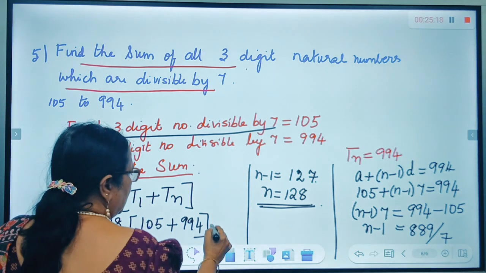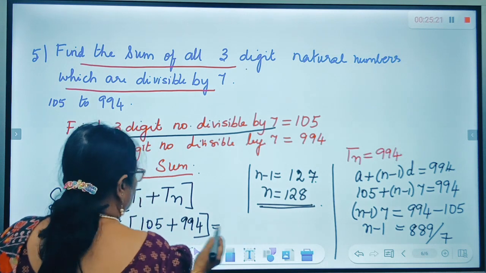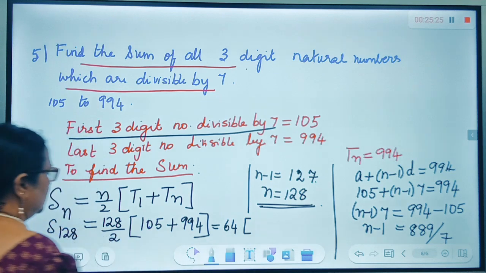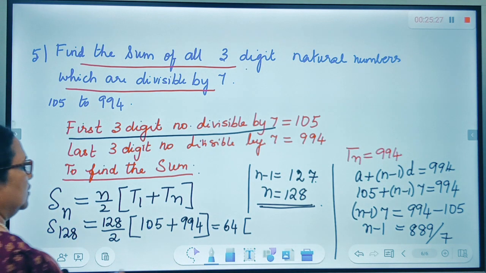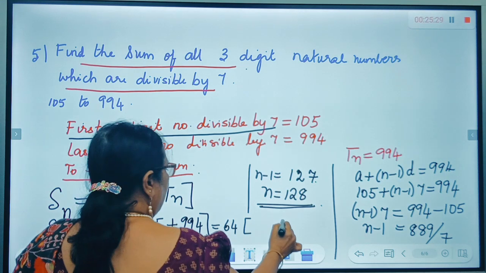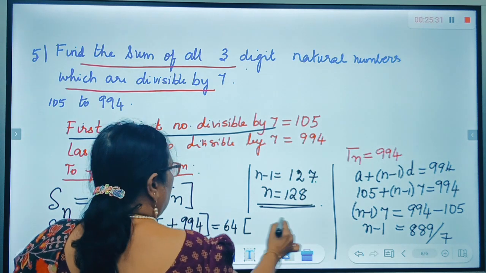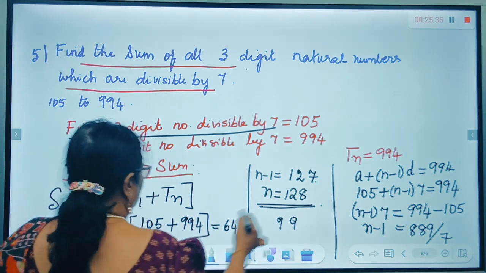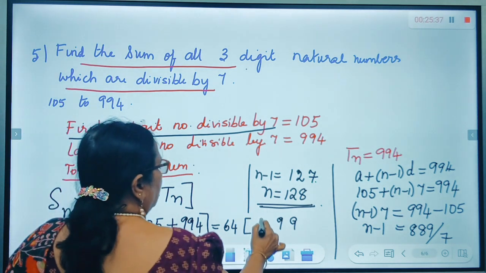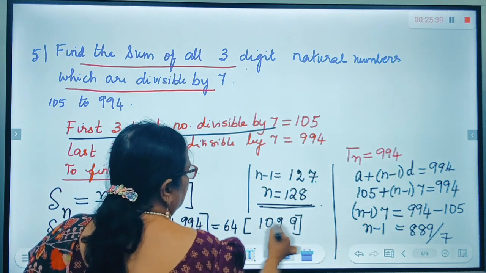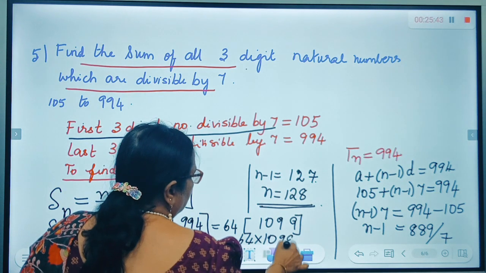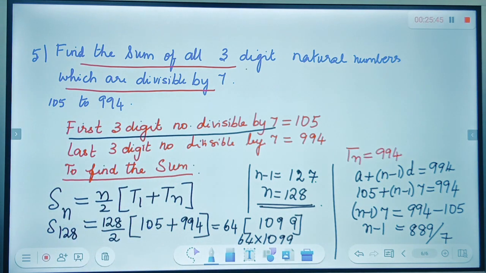This is further 64 into 105 plus 994. So you can add, what will I get? 5 plus 4, 9, 9, 10. 64 into 1099. Are you able to follow?